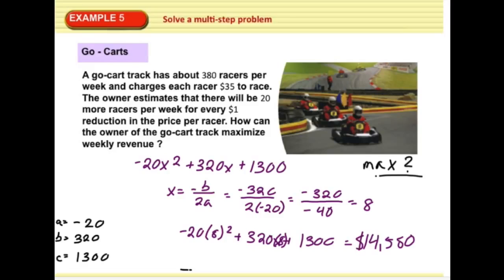So what does that tell us? Oh, my goodness. If 8 is x, then by decreasing the price of the go-kart race by $8, he's going to increase his revenue each week to $14,580. So actually by making the ride cheaper, he's earning more money, which is pretty impressive.